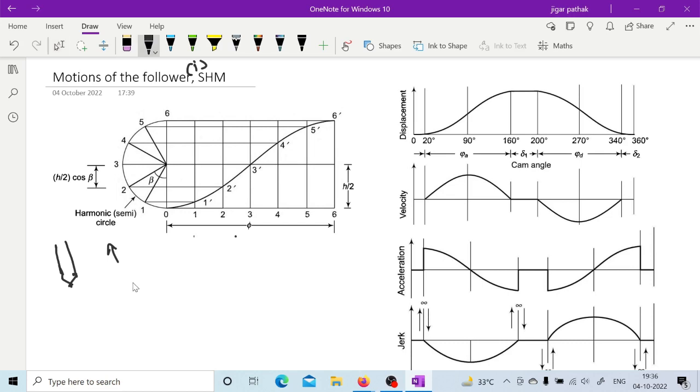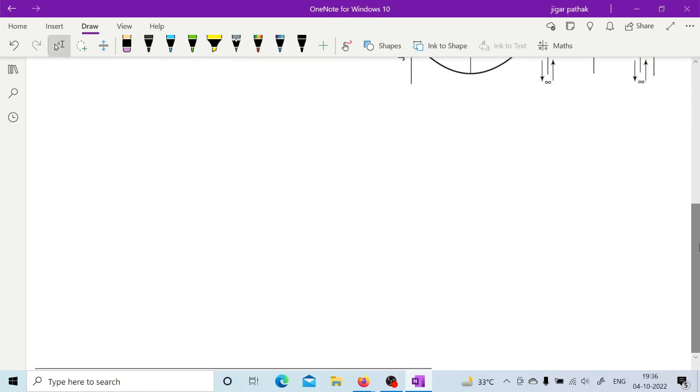Otherwise you can also go for drawing the cam profile, that is a different thing, but we are now going to focus on how the follower is moving and how we can get the displacement of the follower.